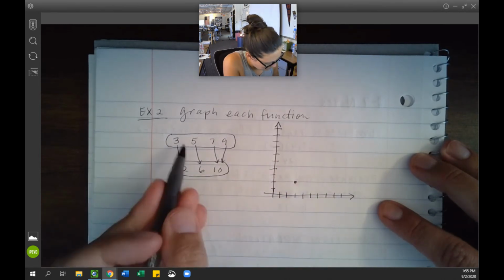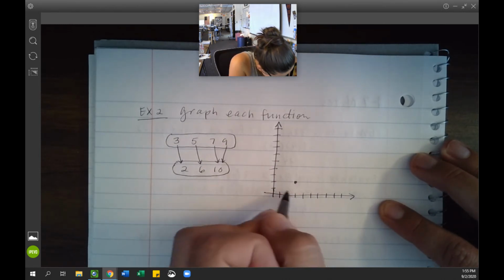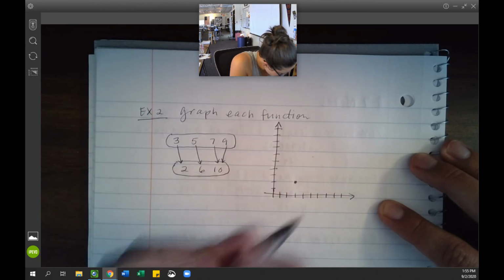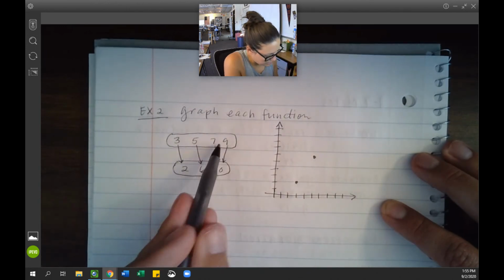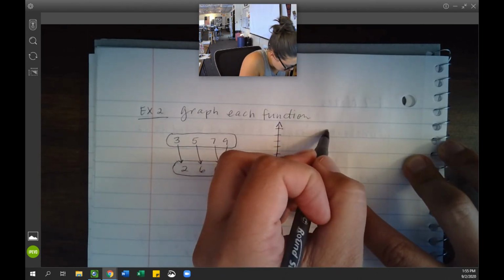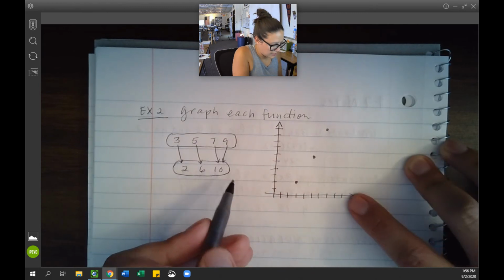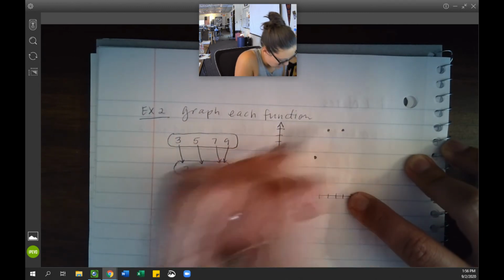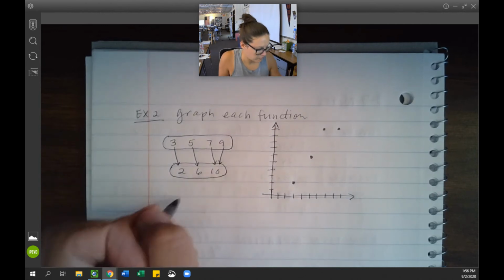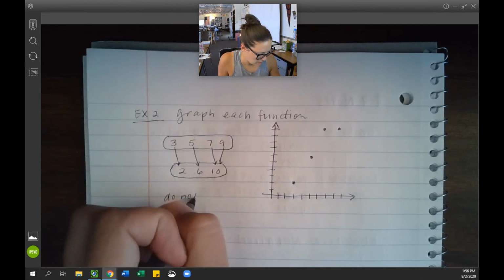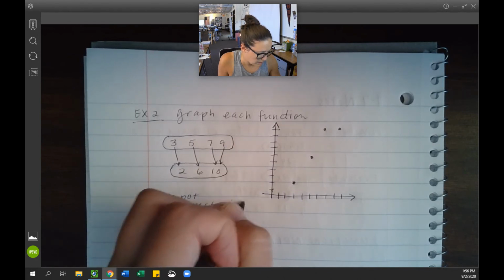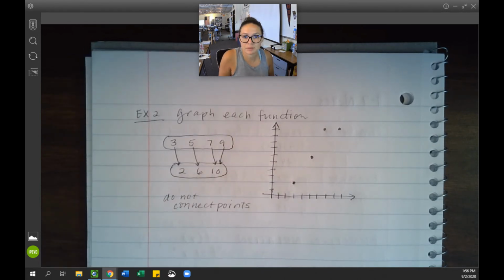Boom. 5, 6. 7, 10, and 9, 10. Now, we are not going to connect the points. Do not connect points, because we have only been given these individual points.